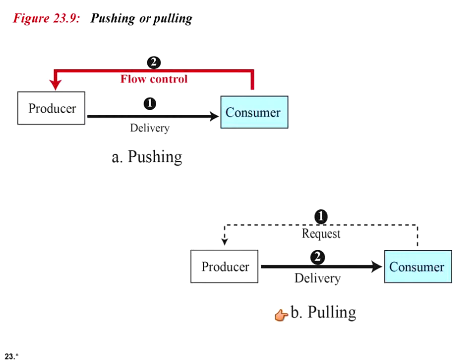If the sender delivers items whenever they are produced, without a prior request from the consumer, the delivery is referred to as pushing. And if the producer delivers the item after the consumer has requested them, then the delivery is referred to as pulling.